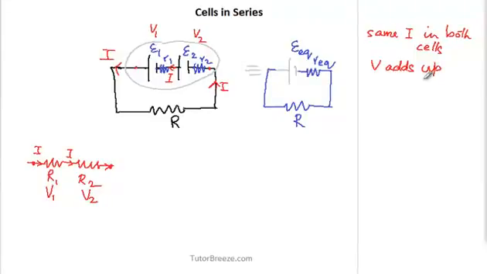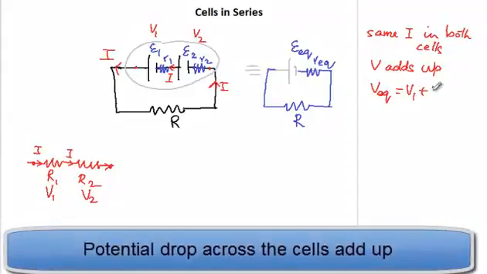So now in this case I can write V equivalent would be V1 plus V2, and V equivalent is the potential drop across these two terminals. Say I call this 1, 2 and 3, then the potential drop across 1 and 3 is the potential across 1 and 2 plus the potential across 2 and 3.